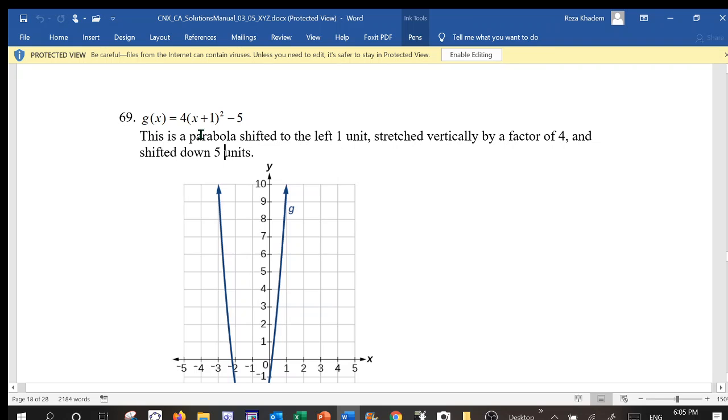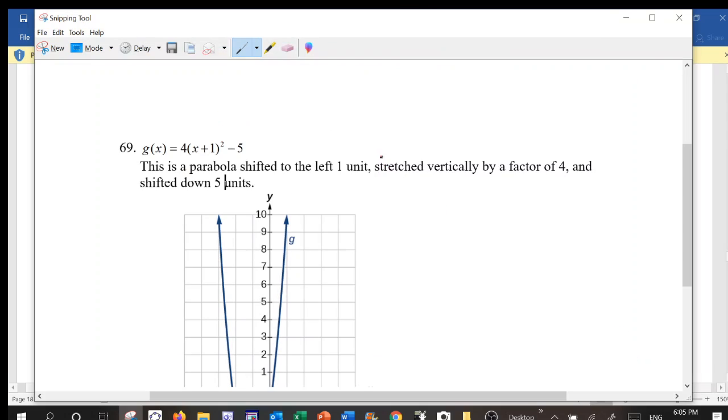Let's write what happens here, in the x direction and the y. So the x transformation is only adding 1, that means what? Shift to the left by 1 unit. The y transformations are 2.